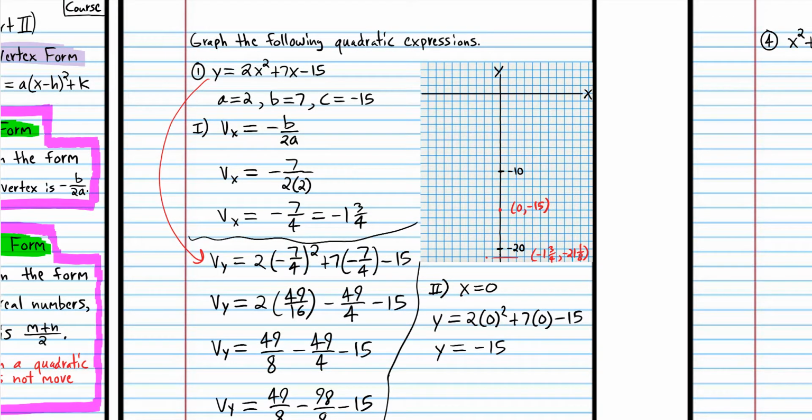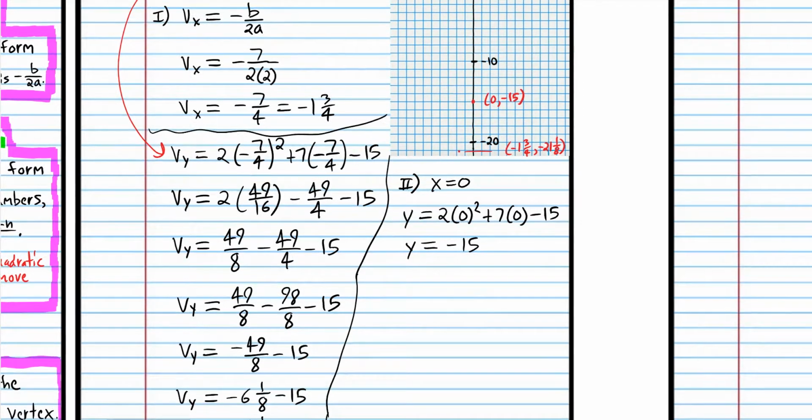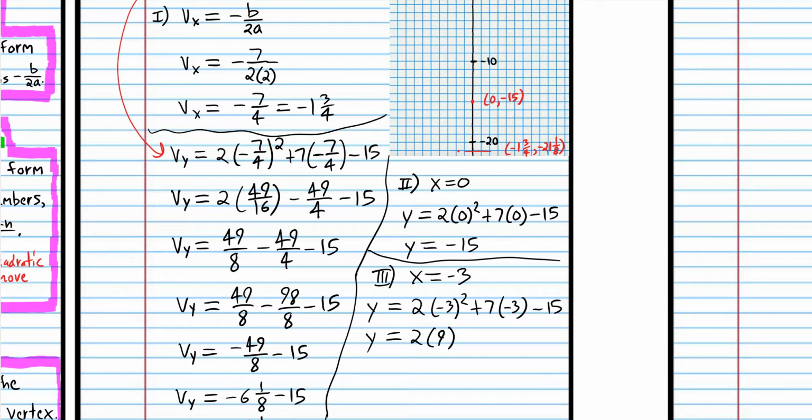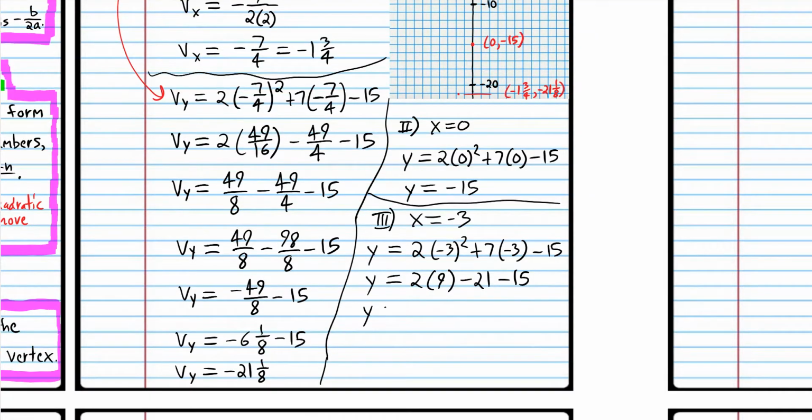So what I'm going to do is I'm just going to plug in negative 3 to get the next point. So if x equals negative 3, y is equal to 2 times negative 3 squared plus 7 times negative 3 minus 15. And just doing all the math on that, you don't have to show the steps for the math here. 18 minus 21 is negative 3.